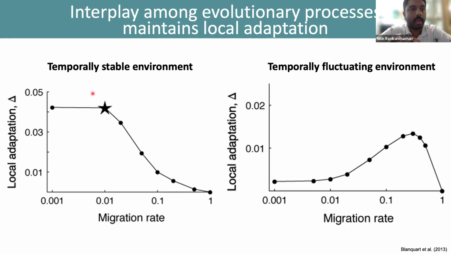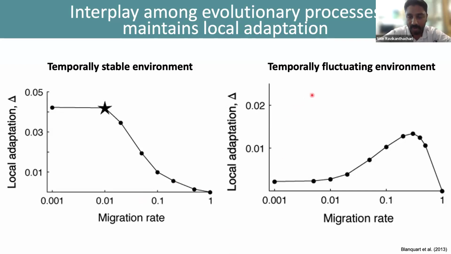So, assuming strong selection in a temporally stable environment, we would expect high rates of local adaptation when gene flow is low. This is because high rates of gene flow can lead to maladaptive gene flow occurring into the habitat or into the population, thus destabilizing whatever local adaptation is occurring.